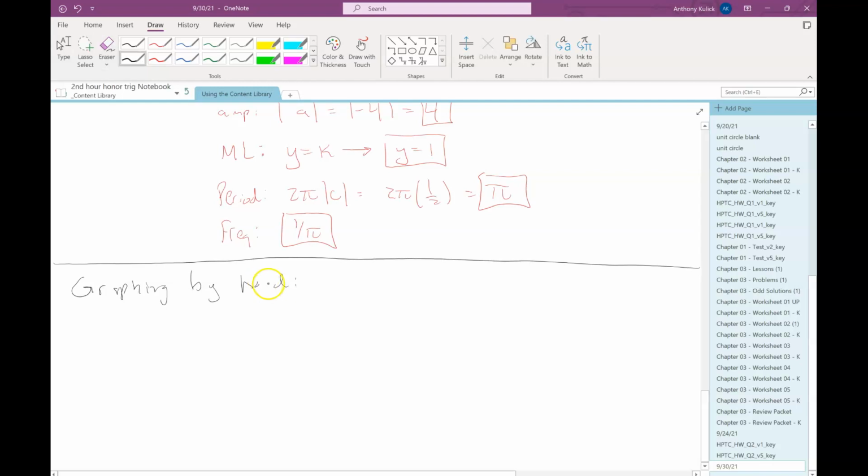So when we graph either a sine or cosine function by hand, we're going to start with the key points.